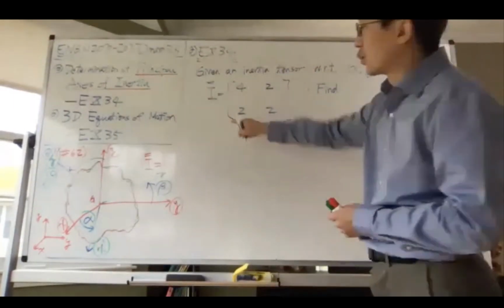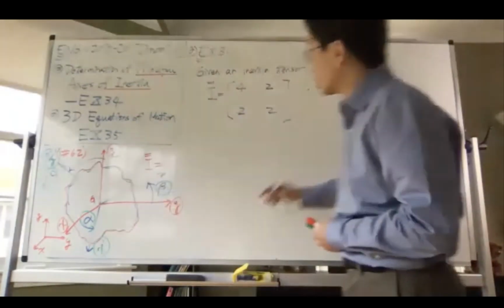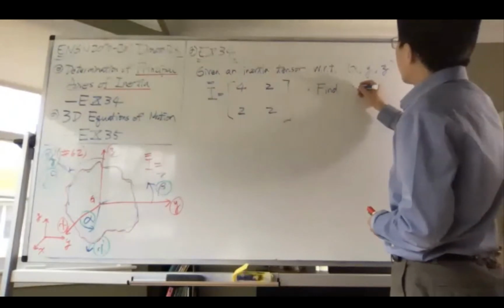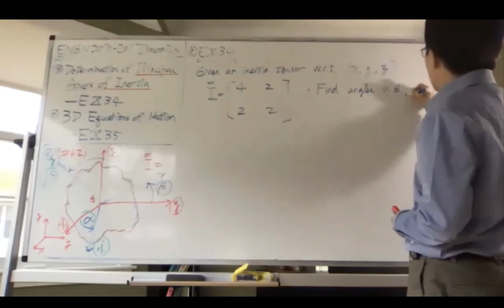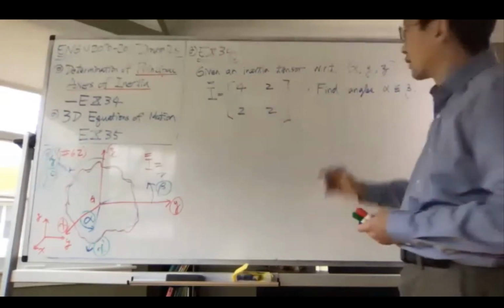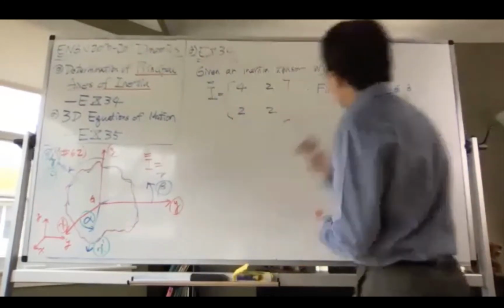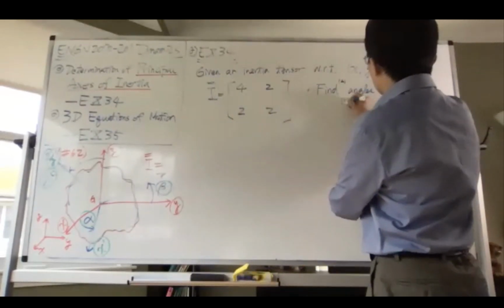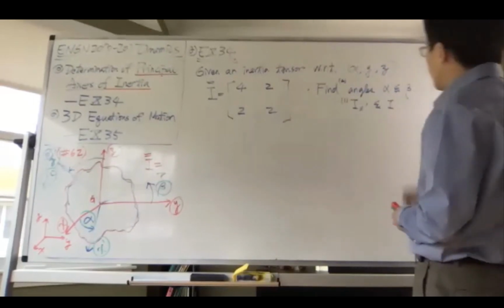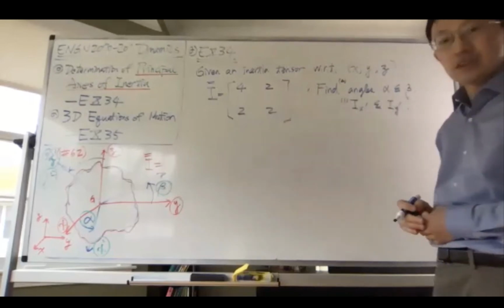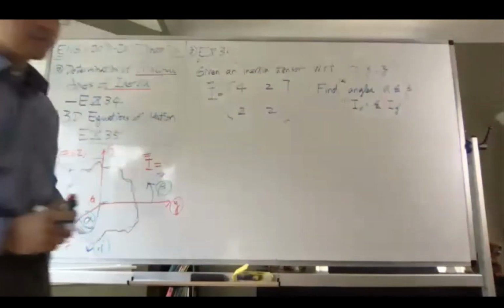Because we are dealing with a 2-dimensional object, this is a 2x2 matrix, of course, in the 2-dimensional domain. So we want to find angles alpha and beta. First, let's find Ix prime and Iy prime. That means the principal mass moments of inertia. So this is what we want to do.